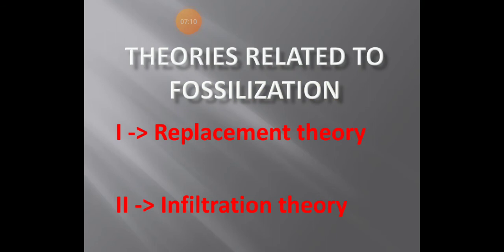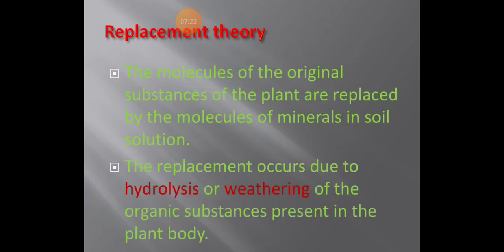There are various theories to explain the fossilization process. The first is the replacement theory, and the second is called the infiltration theory. Let's go into detail about these theories. The first one is the replacement theory. What does the replacement theory say? The molecules of the original substance of the plants are replaced by the molecules of the minerals in the soil solution.